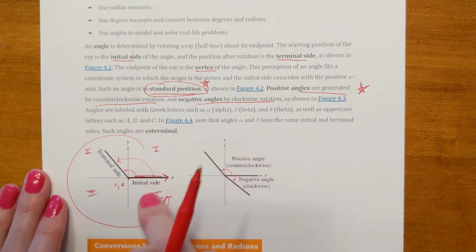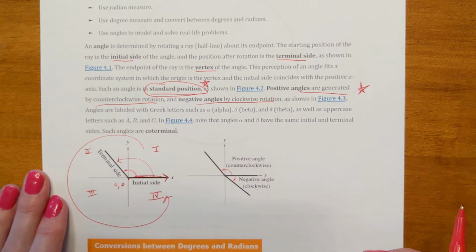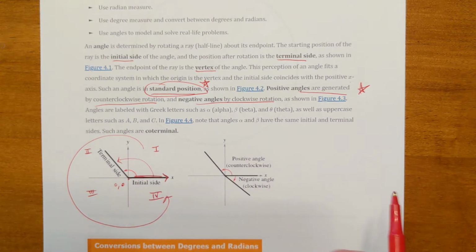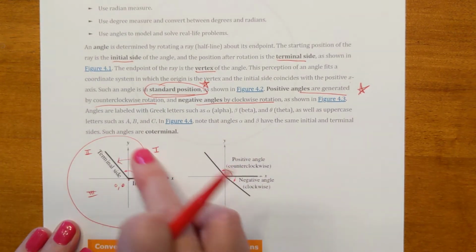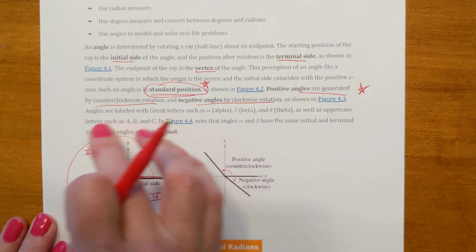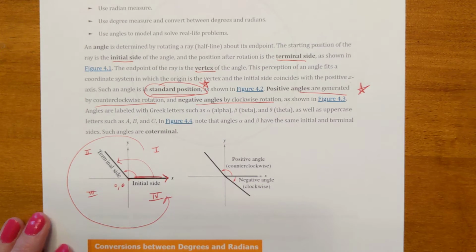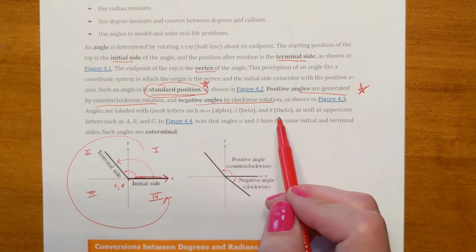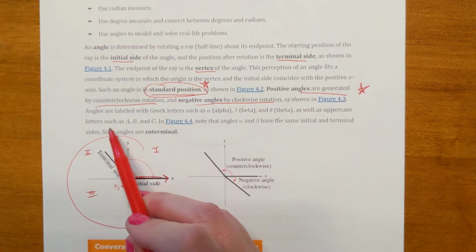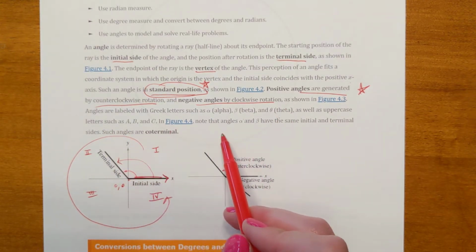If you go the other way, that's negative. So even though you'd think going clockwise would be positive, nope, you're going to follow the quadrants, and that is what makes it positive. So going the other way is negative. All right, angles are labeled with Greek letters such as alpha, beta, and theta, as well as uppercase letters such as A, B, and C.